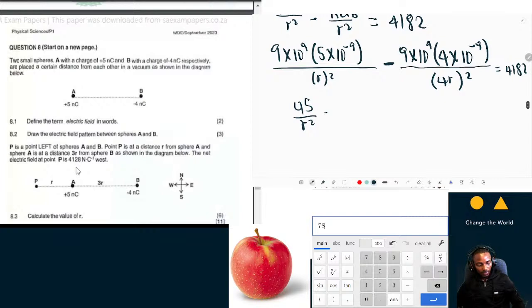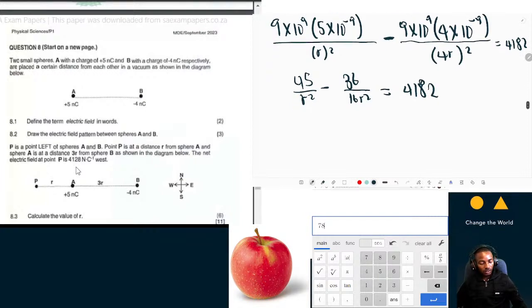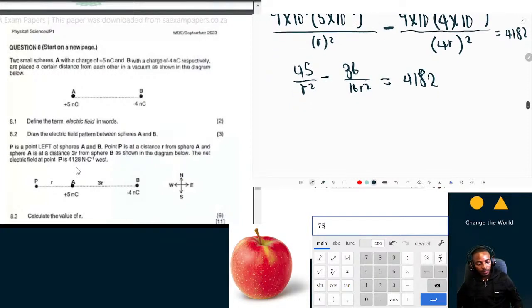Minus 9 times 10 to the power 9 times 4 times 10 to the power minus 9 gives 36 over 4R squared. What is 4R all squared? 4R all squared will be equal to 16R squared. This will be equal to 4182.